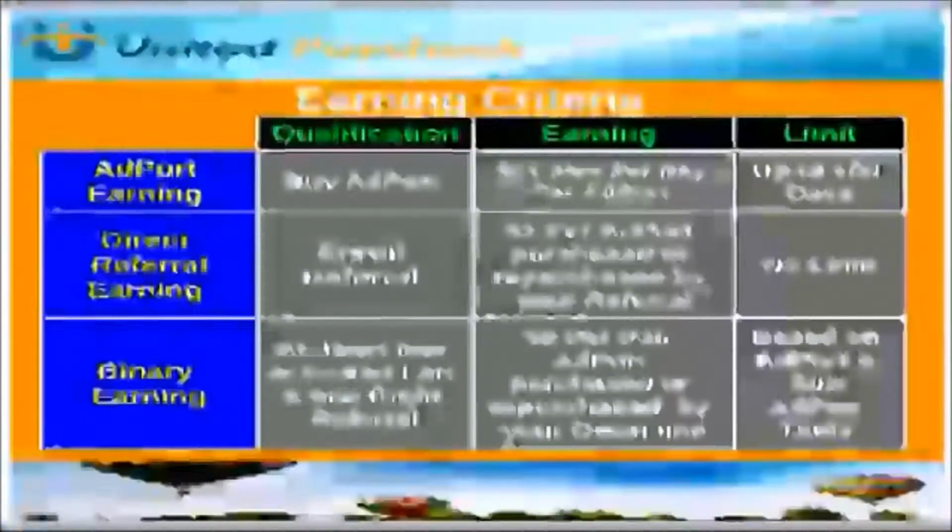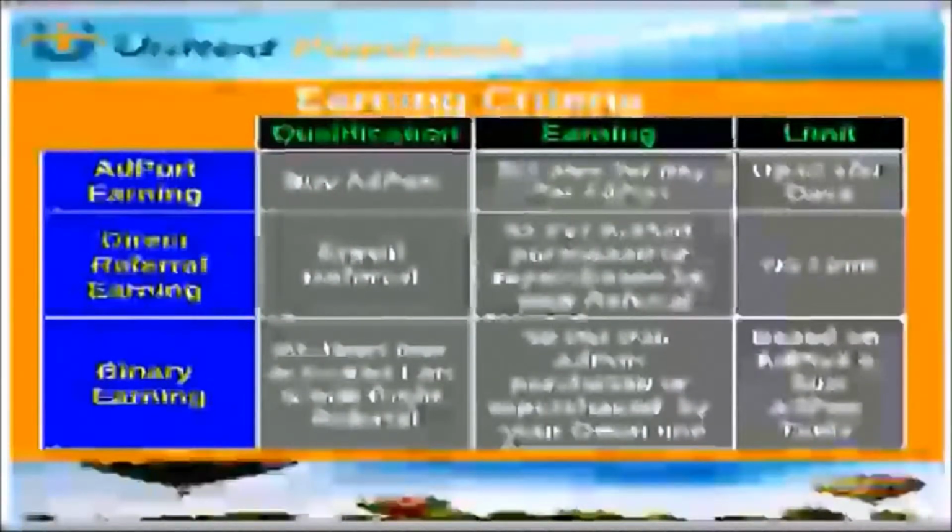Going on to direct referral earnings, you enroll a referral. You earn $1 per ad-port purchased or repurchased by your direct referral, and there are no limits. So, as many people as you enroll, as many dollars in your pocket.